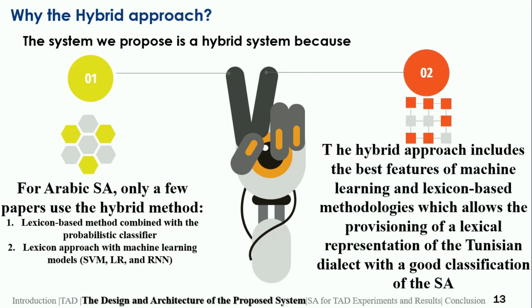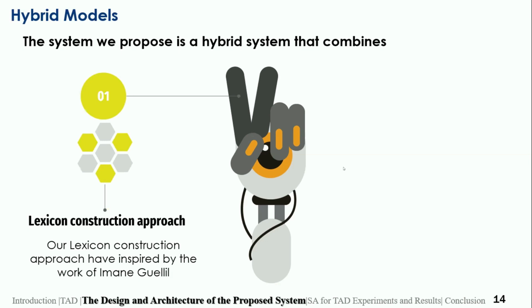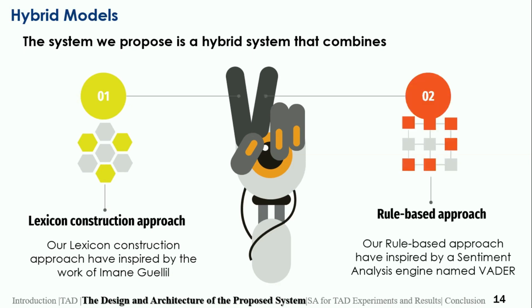The hybrid approach includes the best features of machine learning and lexicon-based methodology, which allows the provision of a lexical representation of the Tunisian dialect with a good classification of sentiment analysis. The system we propose is a hybrid system because it combines a lexicon construction approach, which is inspired by the work of Iman Glouli, and a rule-based approach, inspired by the sentiment analysis engine named VADER.